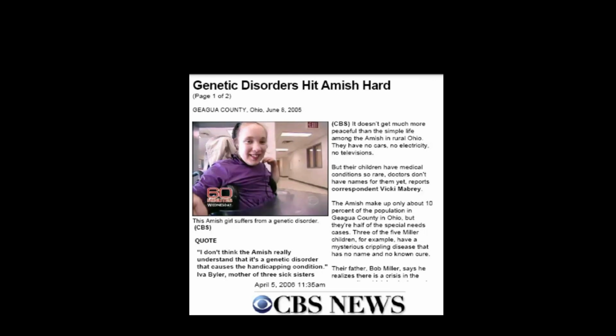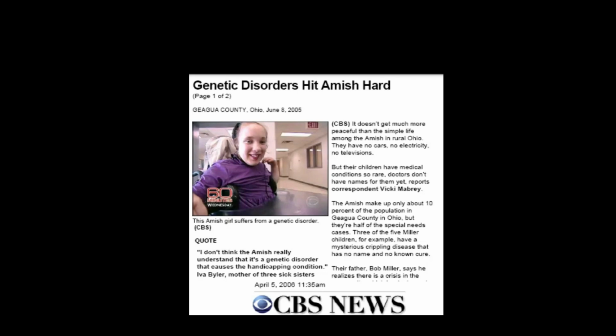So essentially, due to the fact that they have been inbreeding within the same population over many generations, harmful alleles have been accumulating within that population and continuously being passed on.